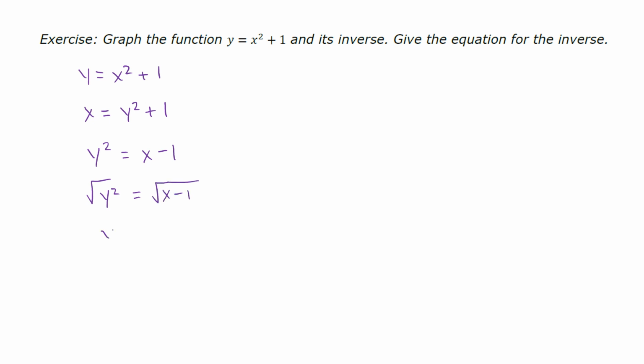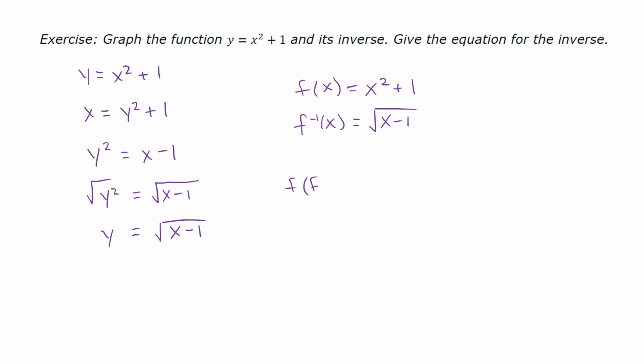So then that gives me y by itself. So f of x equals x squared plus 1, but the inverse of f of x equals the square root of x minus 1. So we can verify that these are indeed inverses of each other.